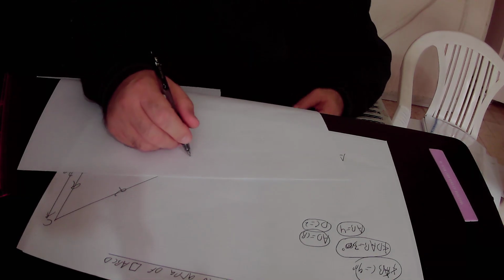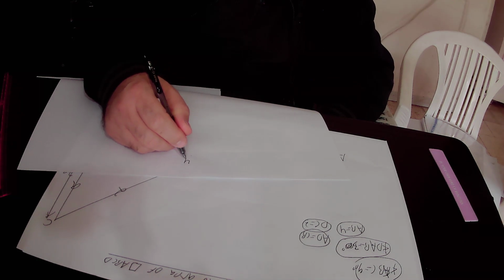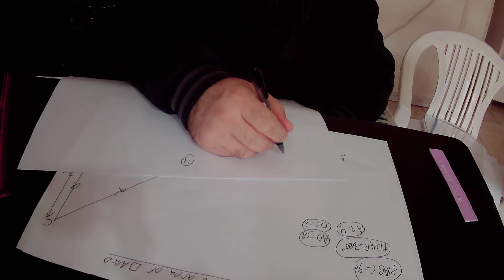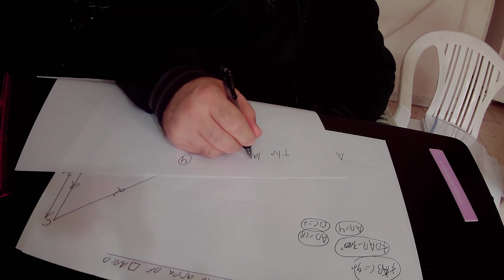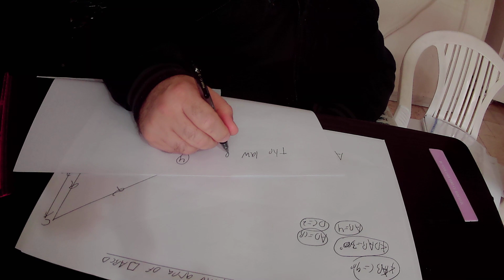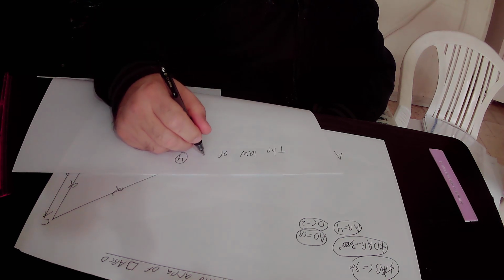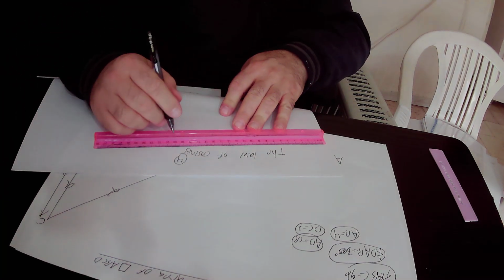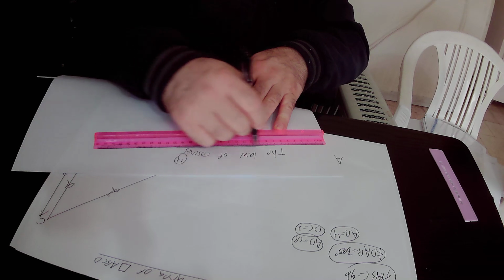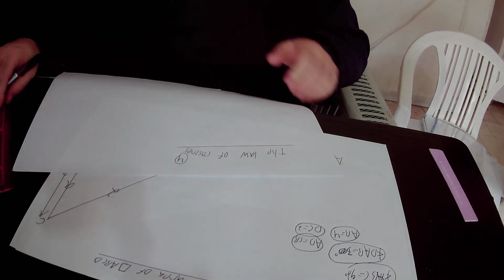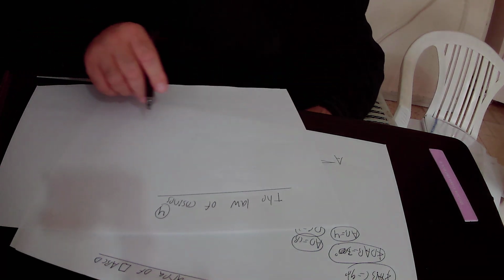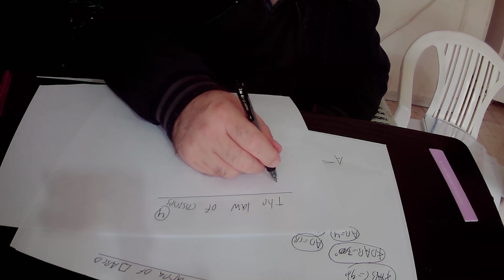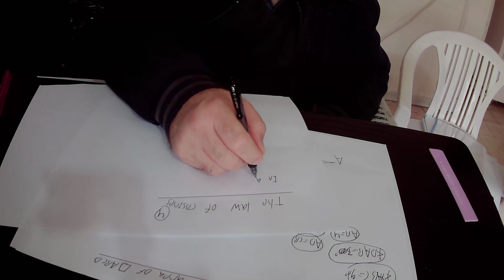First of all, the law of cosines is true in any triangle. You can write down that you can use the law in any triangle.